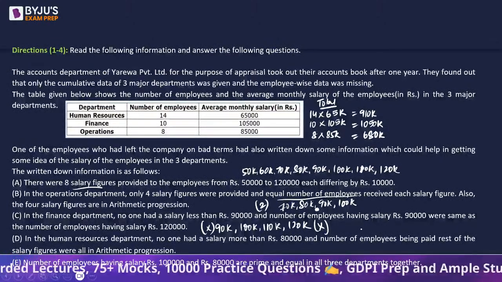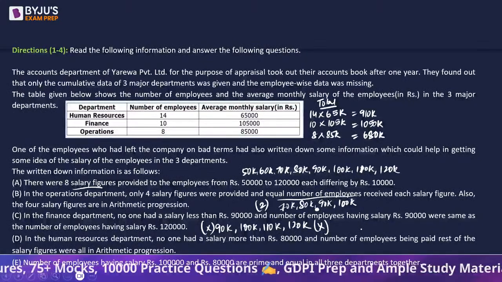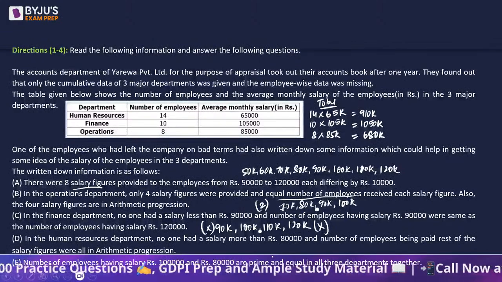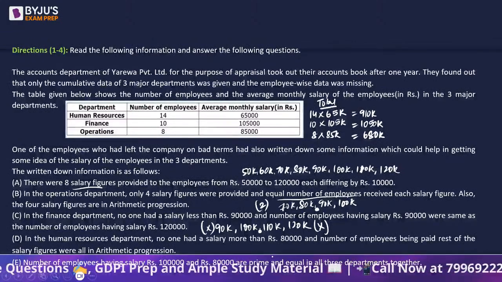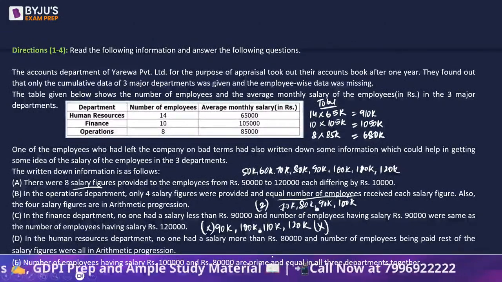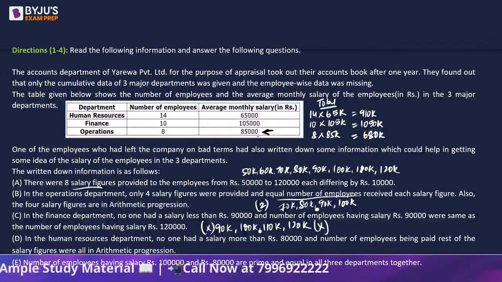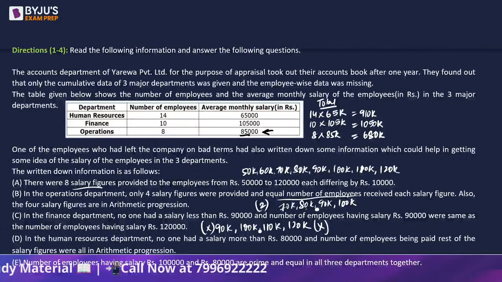Now, 105 as the average monthly salary lies between 100 and 110. So can we say this is very similar to the operations department we just did? 85,000 the average, it lies between 80 and 90.